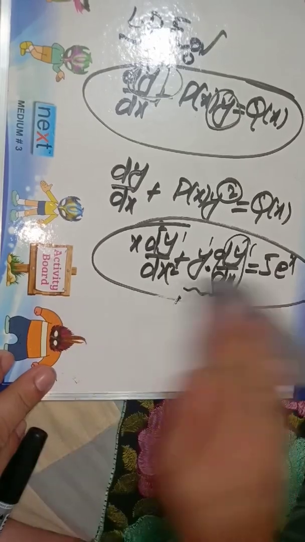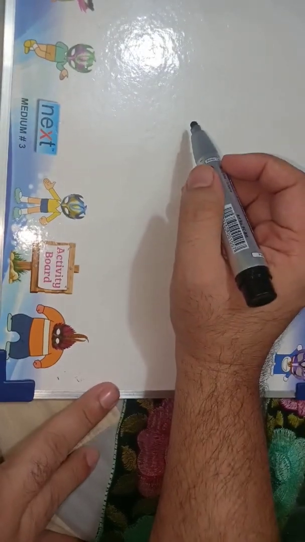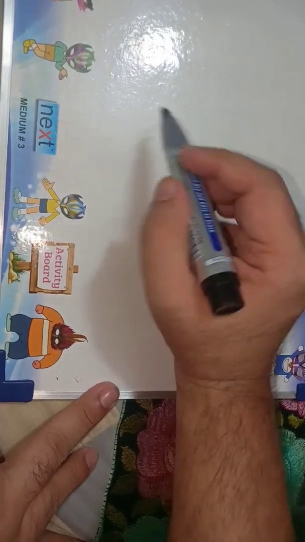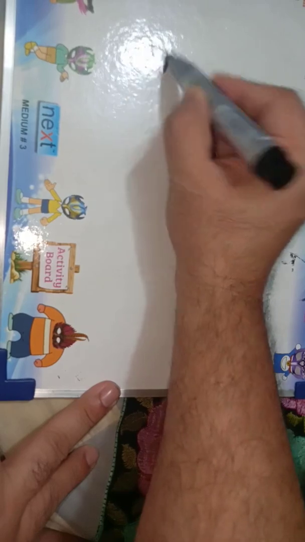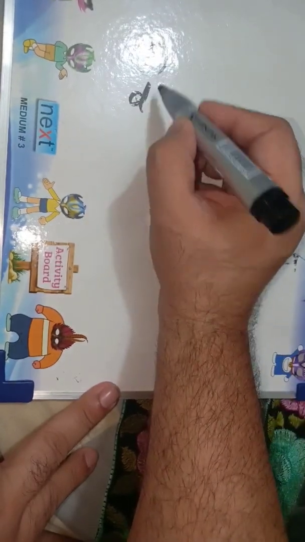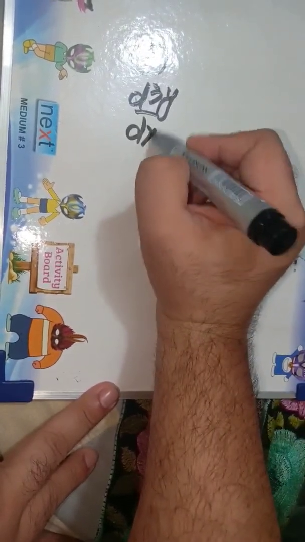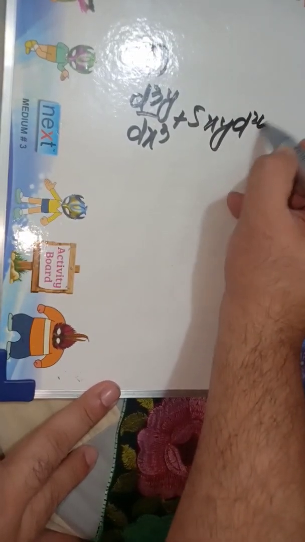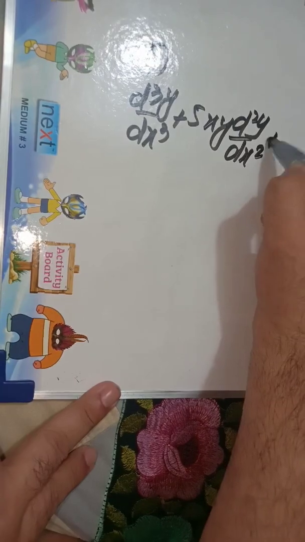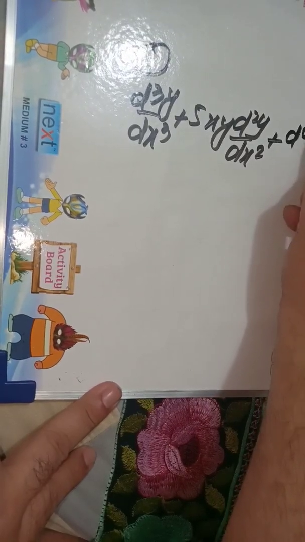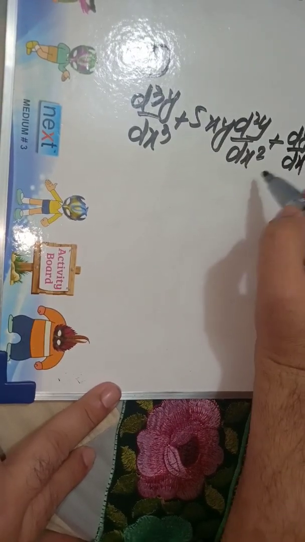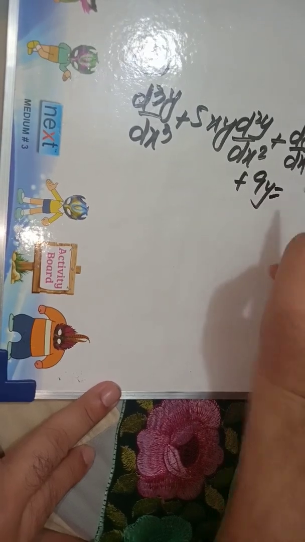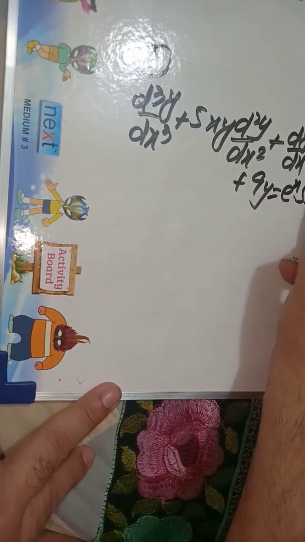So now you can classify any kind of differential equation as linear, non-linear, ordinary, partial. So I write here two examples. One is d cube y by dx cube plus 5xy d square y by dx square plus dy by dx plus 9y is equal to e power x sin x.